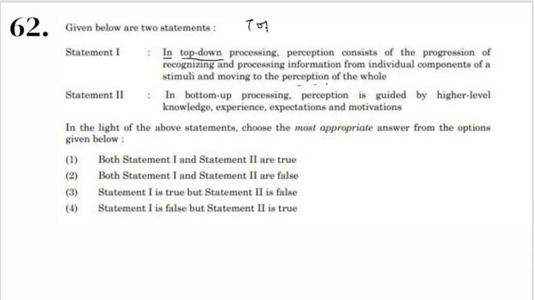So statement one is saying that top-down processing means recognizing stimuli. Okay? And bottom-up processing is guided by higher level knowledge, experience, expectation. So are these statements true? Are these statements false? One is true, second is false. Statement one is false and the other one is true. Okay then. So here in this particular question, most of you have answered correctly. So both the statements are correct.